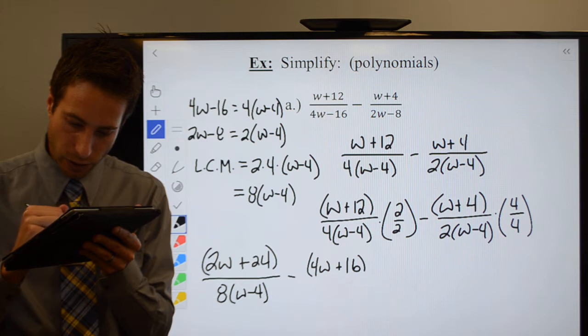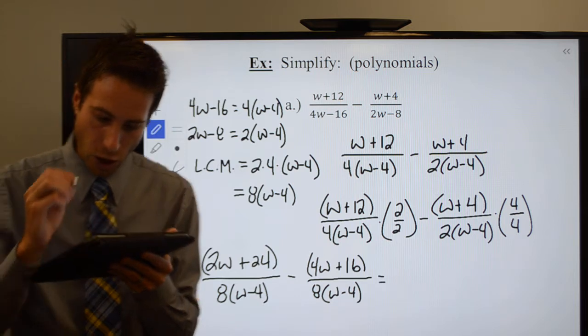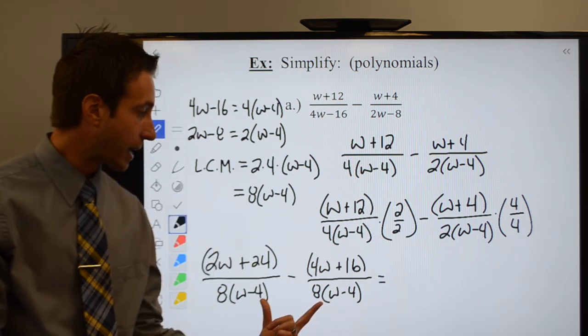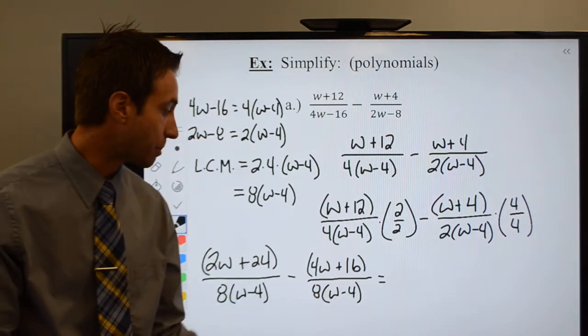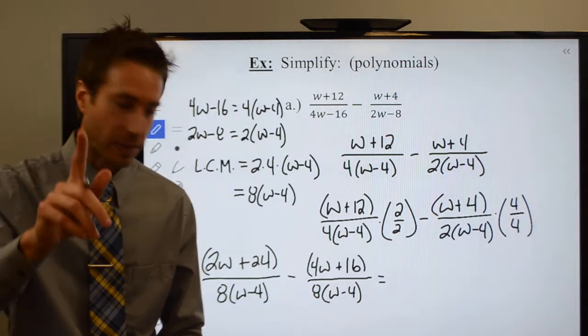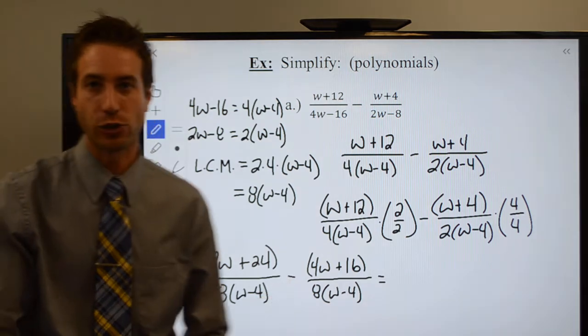all over 8 times w minus 4. Okay, so now I have my common denominator, which I'll write as my common denominator and subtract the numerators. Careful, the numerators, right, actually here, just let me write it.